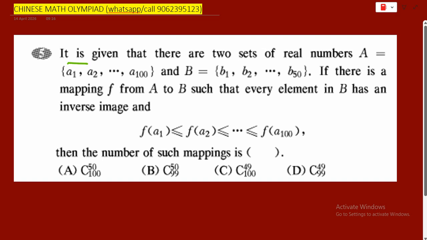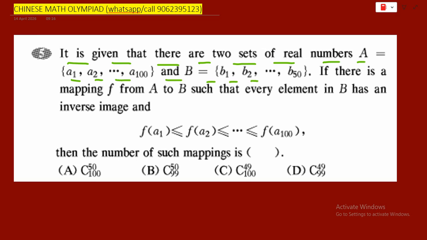Question says it is given that there are two sets of real numbers. A is a1, a2, and this goes on up to a100, and B is b1, b2, and this continues up to b50.